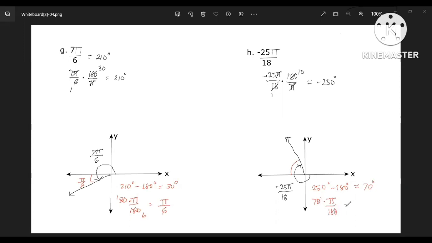Cancel natin yung 0. Anong matitira? 7 pi over 18. So 7 pi over 18 is the reference angle of negative 25 pi over 18. Again, positive parati ang ating reference angle kahit negative pa yung angle na yan. Okay? So that's it, no? Ganun lang po kadali.